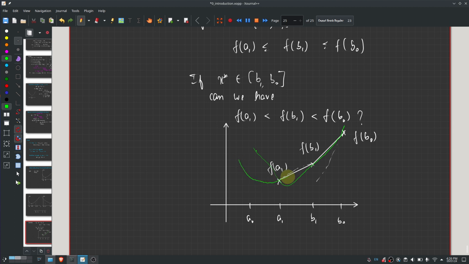So you can have the curve looking something like this, in which case it will continuously be increasing. But the minimum could lie either in this interval between a0 and a1 or in the interval from a1 to b1. I can't rule out either case. Do you agree with that?